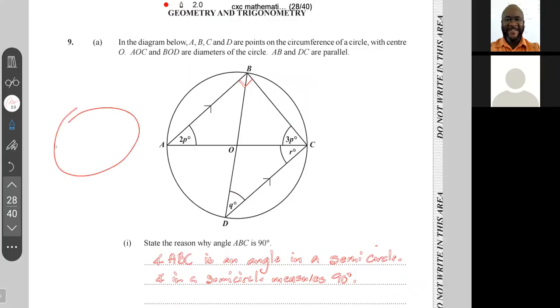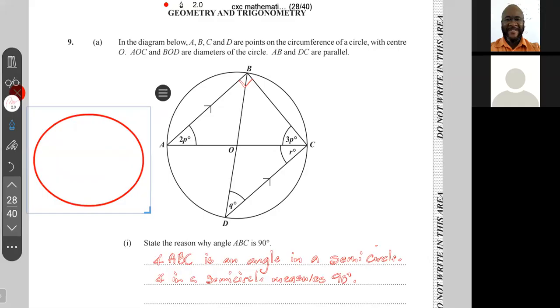Circle, diameter. The diameter divides the circle into 2 equal halves. A half of a circle is called a semicircle. So this is my circle.